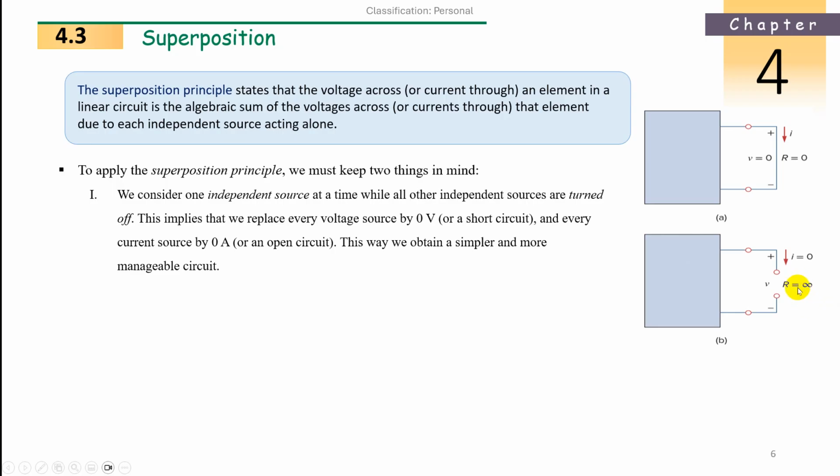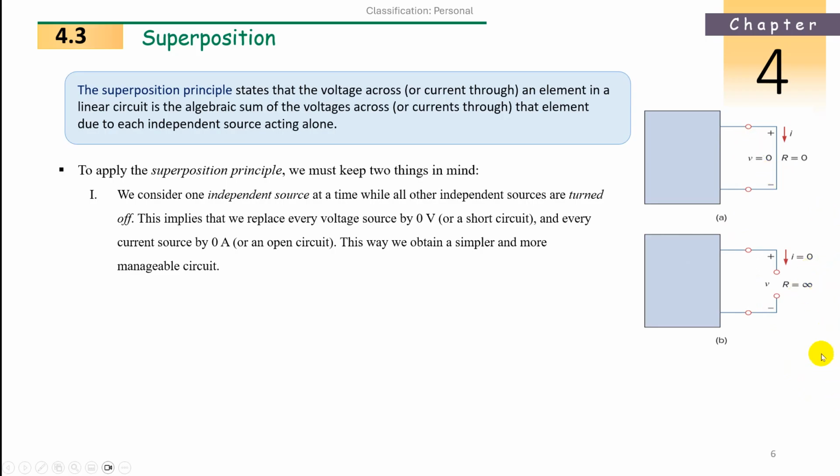When infinite resistance is there, what is the current in the element? V divided by R, Ohm's law. V is equal to IR. What is I? V divided by R. So V something divided by R. R is infinite. Something divided by infinite. What is the value? 0. So the current now becomes 0. So that's why open circuit means making I 0. Short circuit means making voltage 0.